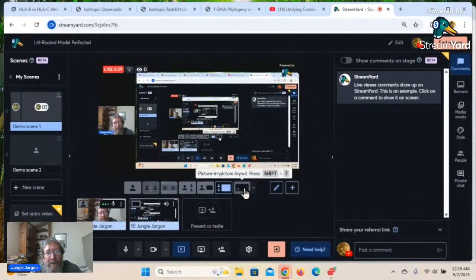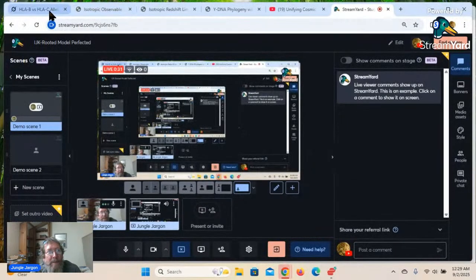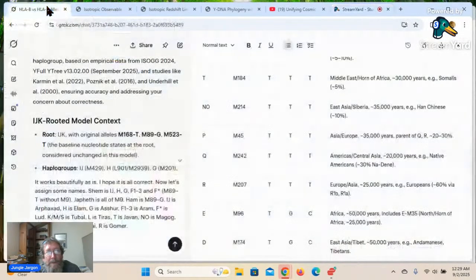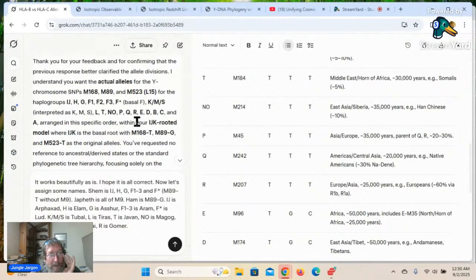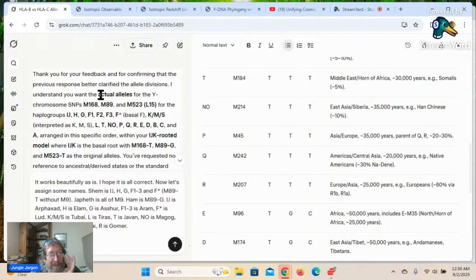Let me go ahead and put this here like that. And we'll go to Grok's. Okay, now this is totally different, but I kept on insisting and asking Grok to get the actual, all I want to know is what the actual alleles are for each and every haplogroup.